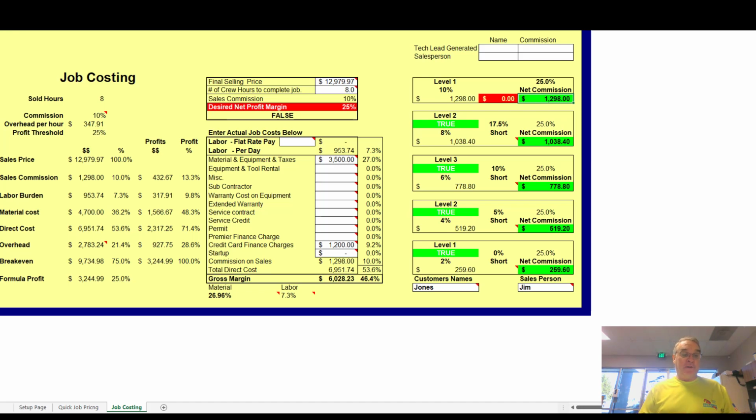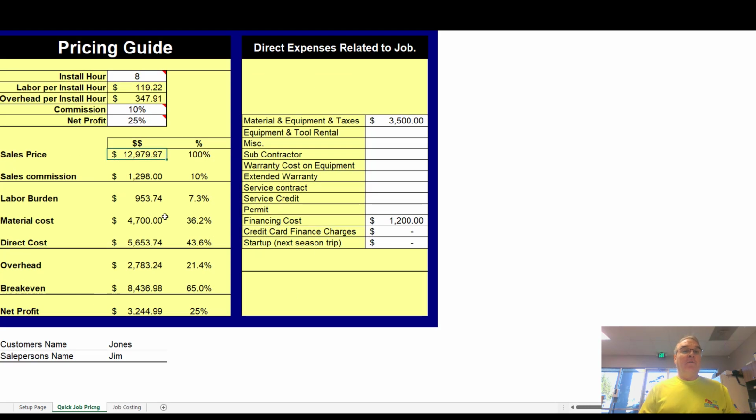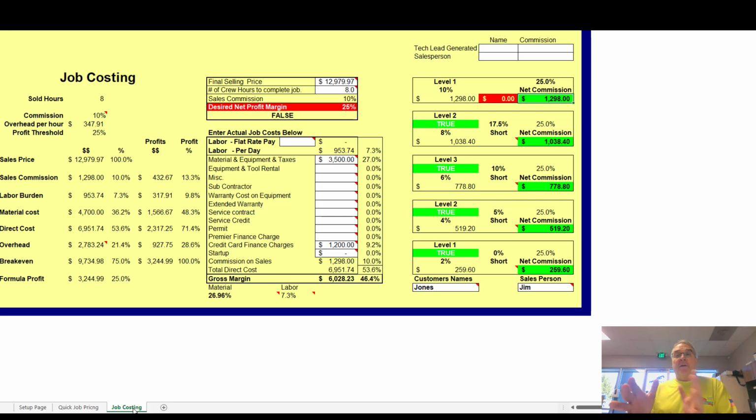So let's go back over here to the quick job and show that $1,298 is what you're expected to make on this. Okay, so after job costing, we don't pay the commission on the front end. We pay the commission on how the job ended up, how profitably the job ended up. Okay, so that's very important.